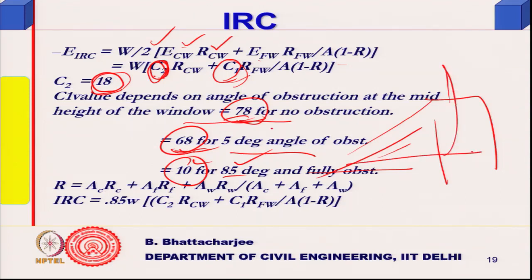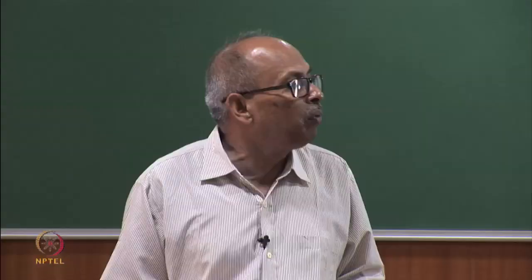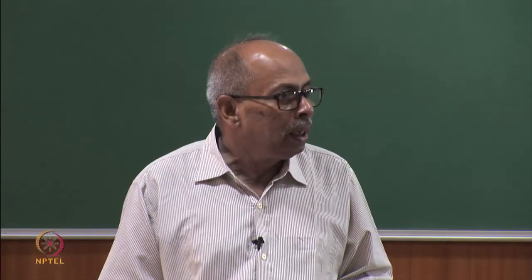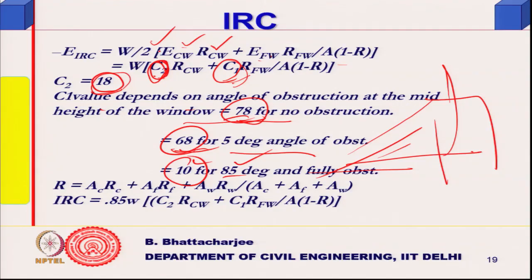This is again given in a table. The C1 value is nothing but the one that comes to the floor. This divided by E0 has already been done. ERC is multiplied by this constant divided by E0.